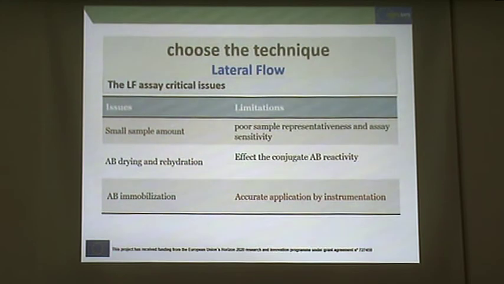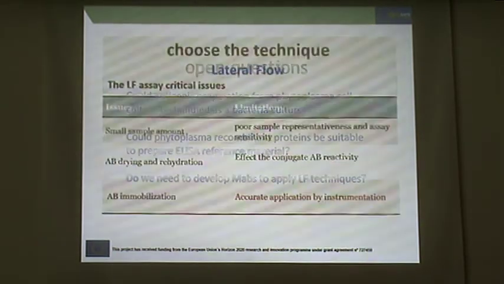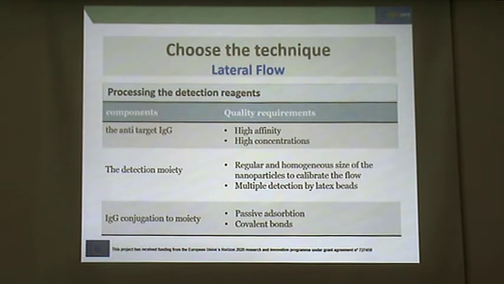And well, what I wanted to stress is that to construct a lateral flow, we need a large amount of antibodies. Just to give you a point of reference, with the amount we have to place in one lateral flow test, we can carry out about, even sometimes more than, 10,000 ELISA tests.